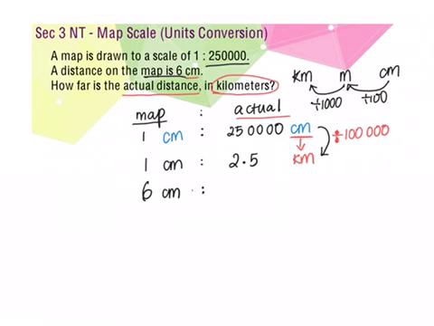So this will be 6 over 1 times 2.5, and that gives me 15. The units over here is kilometers for the actual distance.